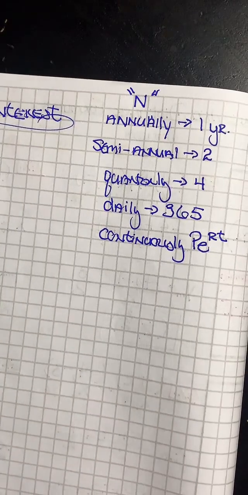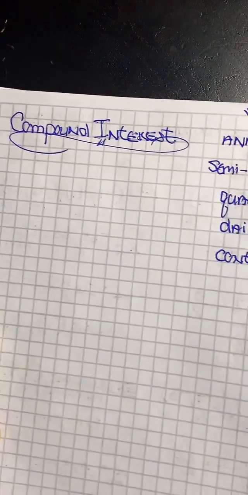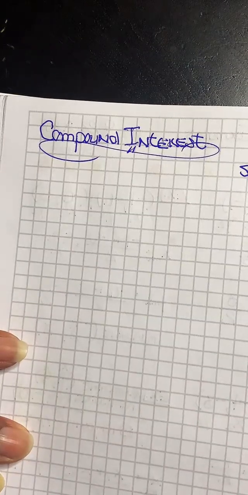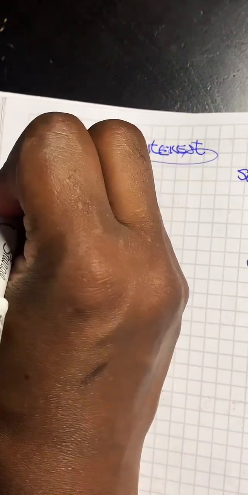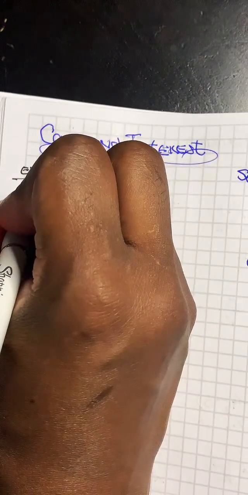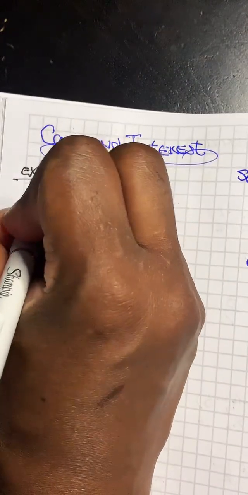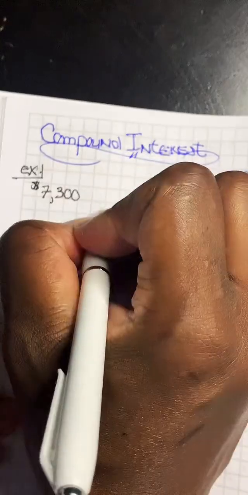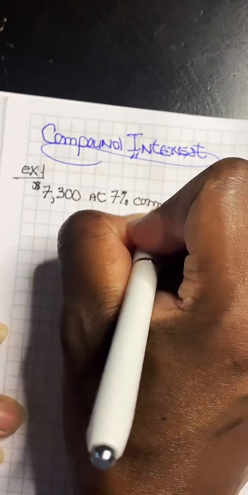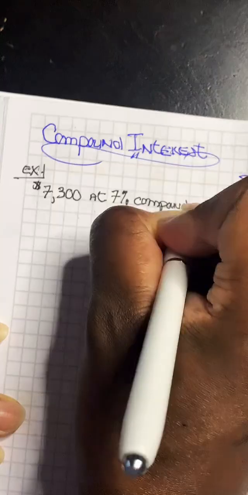So if we are given a situation, let me give you one. Let's say we have $7,300 at 7% compounded, I think I want to say semi-annually.